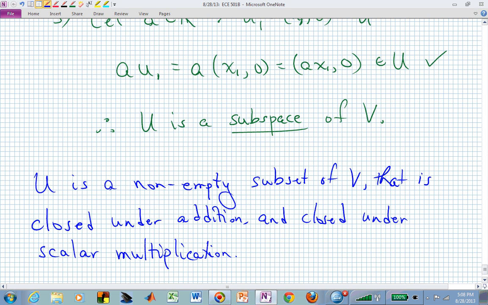And that's the definition then of a subspace. So we could write it in this blue sentence, or we can now just say, therefore, U is a subspace of V, because we've shown it by those three properties.